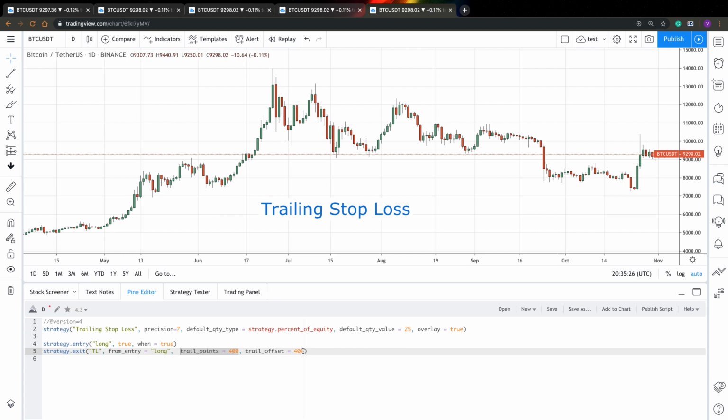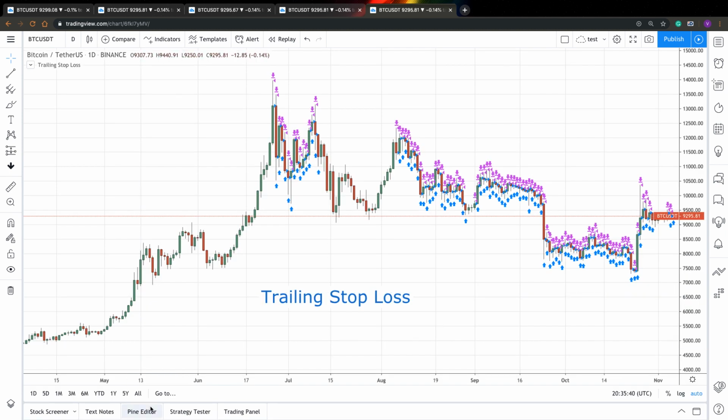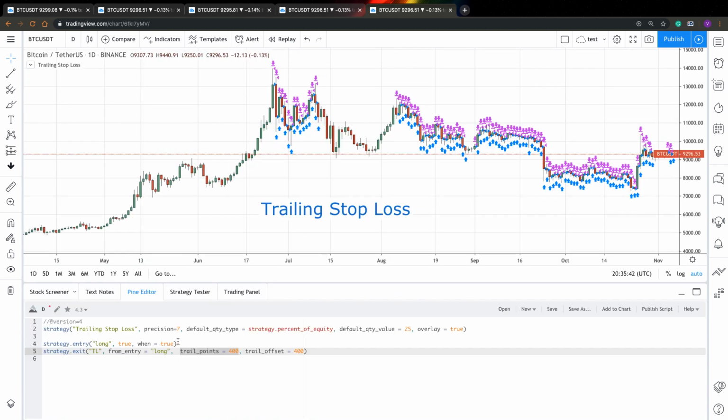Well, it's nice in theory, but it's not realistic in TradingView. What I mean by that, let's add this to the chart. As you can see, it's very simple in my code. Basically, on every candle on my chart, I go long, and after that, I set my trailing stop loss to 400 points and my offset also to 400 points.